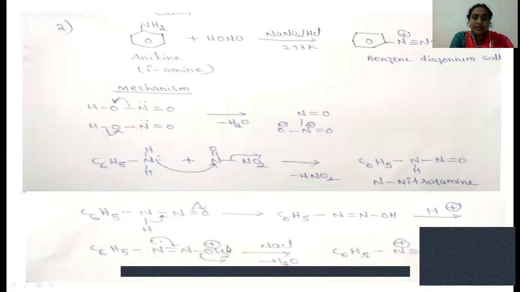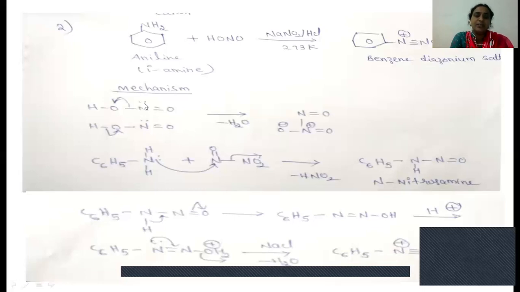The nitrogen donates its bonding electrons and forms the N triple bond N plus. Finally, when it reacts with Cl minus from NaCl, it forms benzene diazonium chloride. So this is the mechanism of preparation of benzene diazonium chloride.